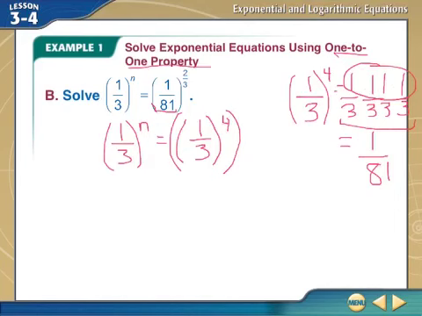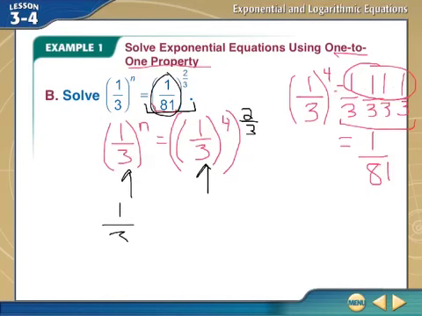And now that gives me the same base on both sides. I still have my 2/3 power on the outside because 1 over 81 was raised to the 2/3 power. So really the right side of our equation is 1/3 to the 4th, and then raised to the 2/3.